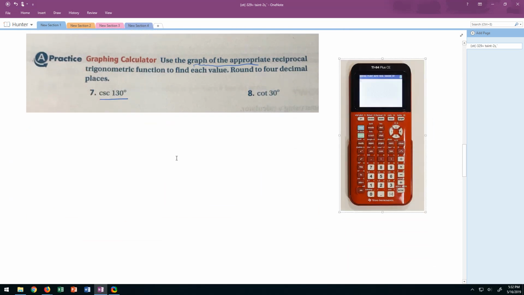All right. So what you're going to do is go into your y equals editor, which is this box right here. That's the button you're going to press. And then you're going to go to your y1 line, which I think is blue. It's usually blue. Or maybe it might be red. It depends on what you've made it. And in the y1 function, you're going to put cosecant of theta or x.